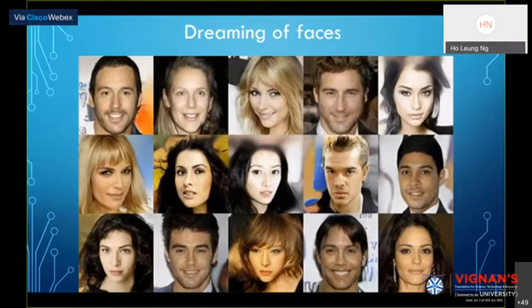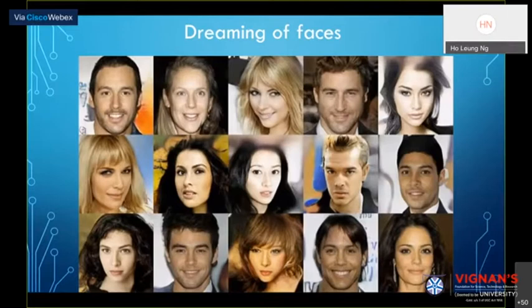Here are a set of human faces. And what's interesting about these faces is that they do not correspond to real people. These are faces that are computer generated. So the computer algorithm has looked at an enormous data set of human faces.